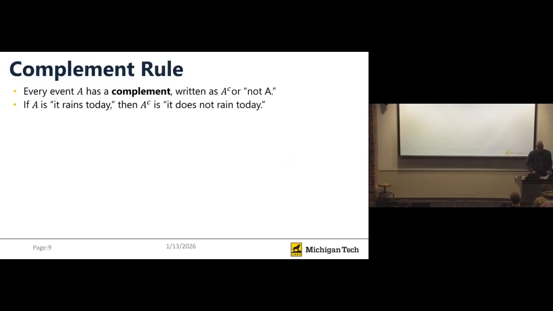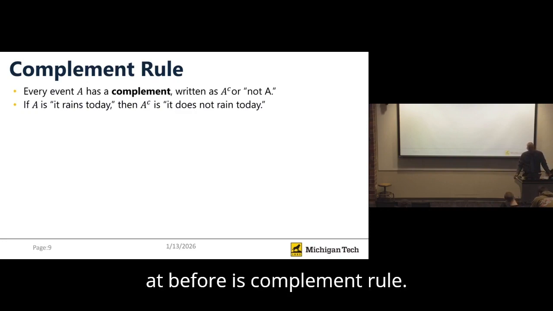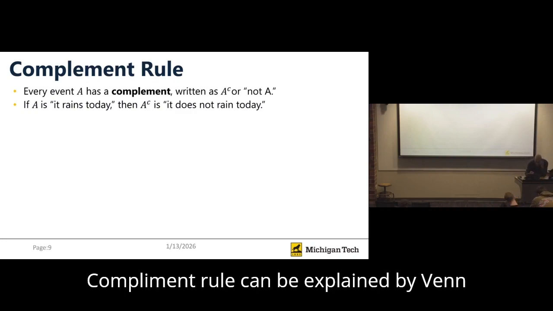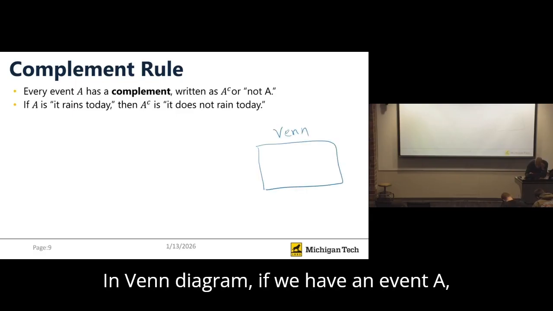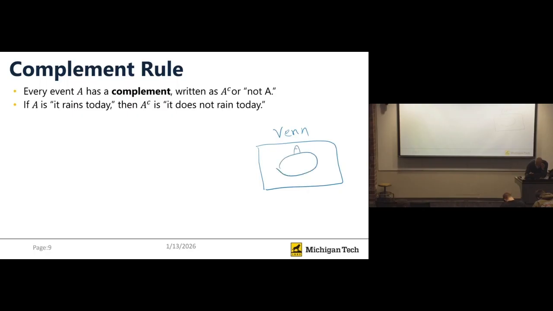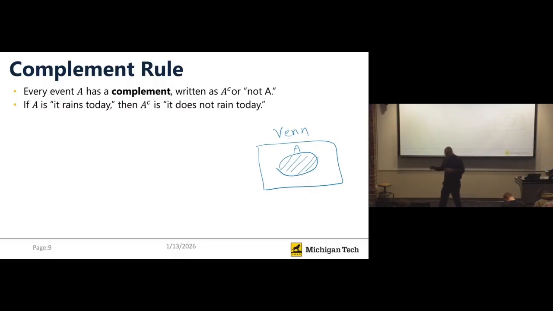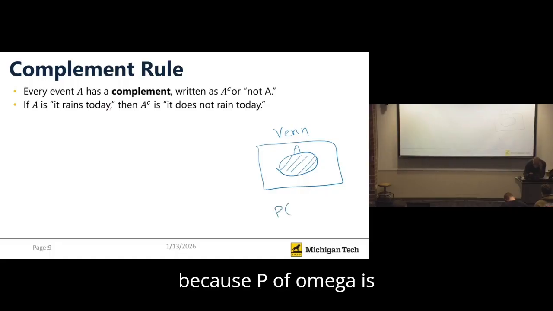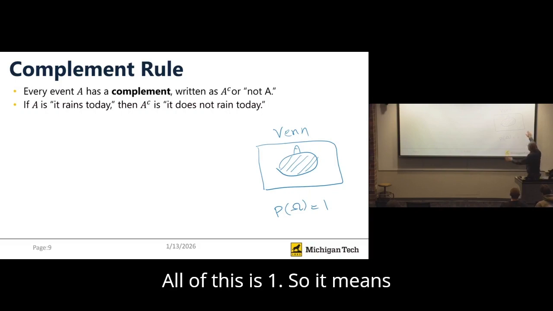Another interesting rule that we just touched on before is the complement rule. The complement rule can be explained by a Venn diagram very nicely. In a Venn diagram, if we have an event A, considering the probability of the whole universe is 1, because P of omega is always 1, the probability of all of this is 1.